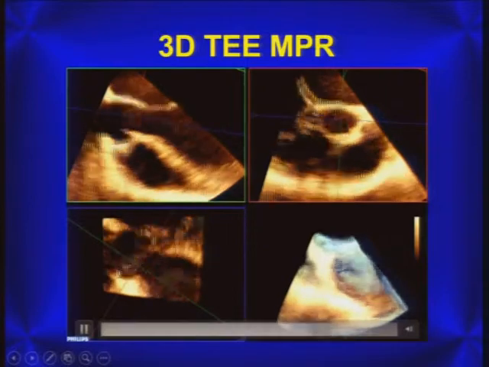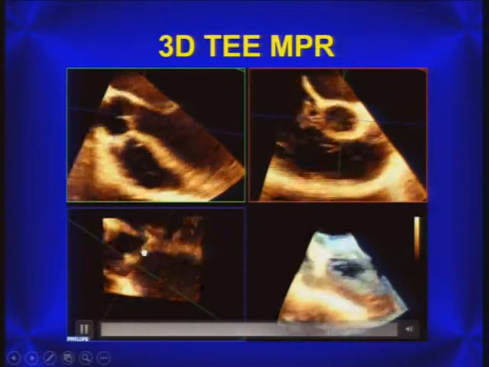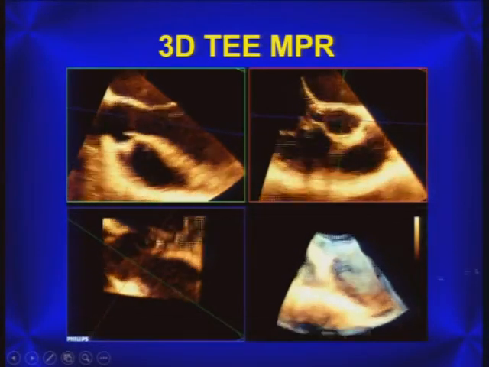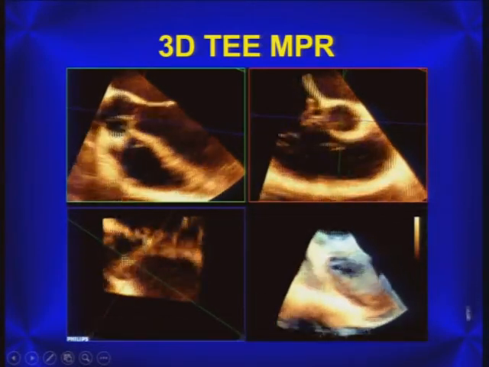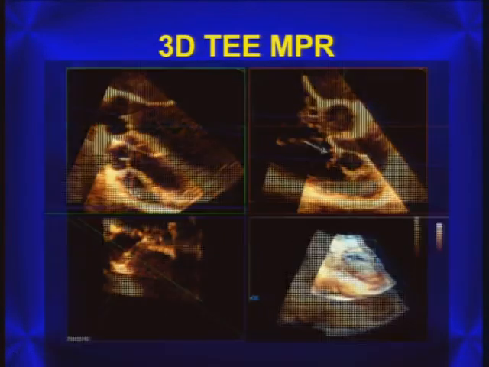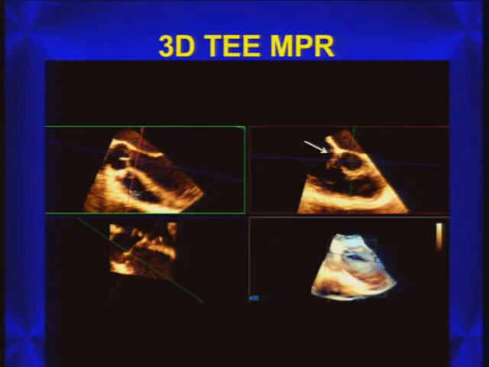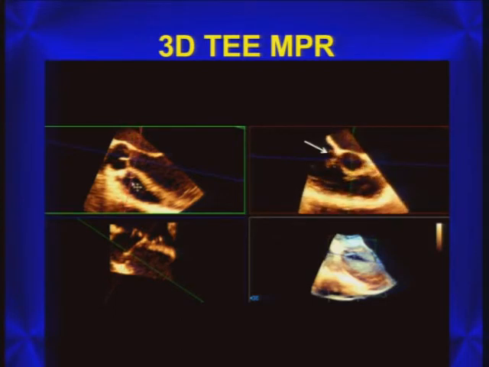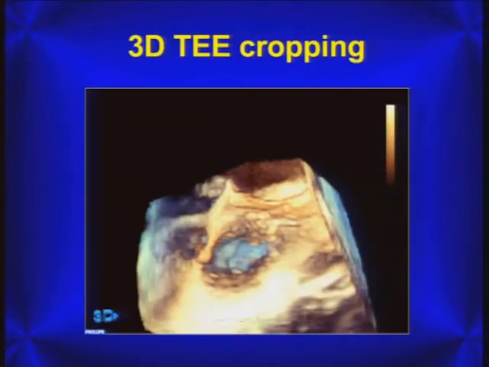So the red cut plane over there displayed the short axis image of the aortic root. Sliding up and down the red cut plane, we could exactly define the attachment point of the mass in the right atrium that was at the level of the perimembranous ventricular septum, close to the virtual basal ring of the aortic valve.